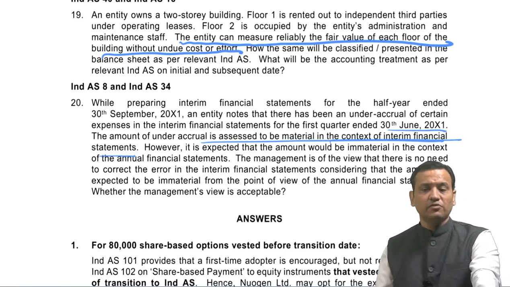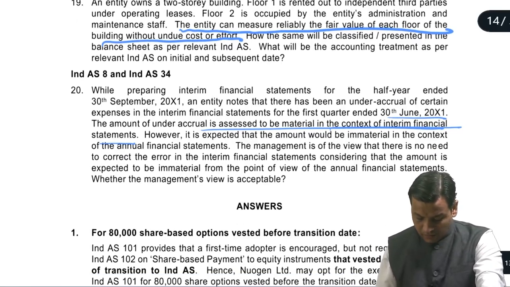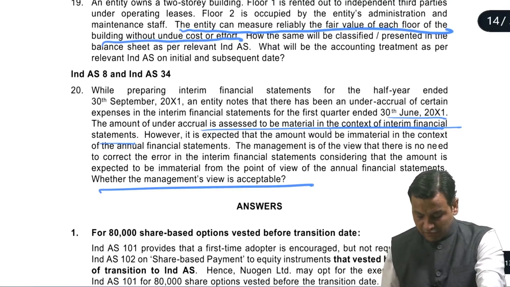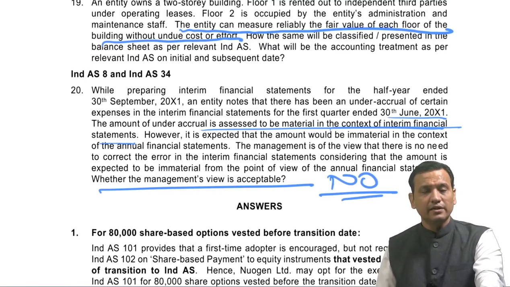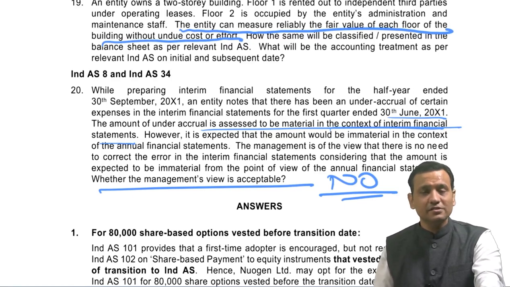The management is of the view that there is no need to correct the error in the interim financial statements, considering that the amount is expected to be immaterial from the point of view of annual financial statements. Whether the management view is acceptable, obviously no. Why? At the time of preparing interim financial statements, if something is material, then it is material and has to be adjusted.